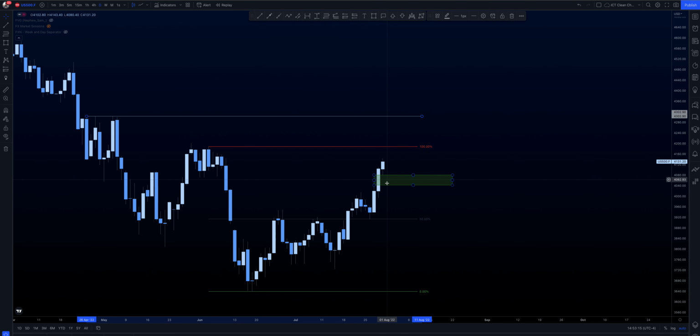But if we see that this fair value gap is completely closed in, and then price shows a reluctancy to hold at that level, and we break the lower boundary of that fair value gap, and then we come back up to retest it, then I will be considering a short down to this imbalance here.